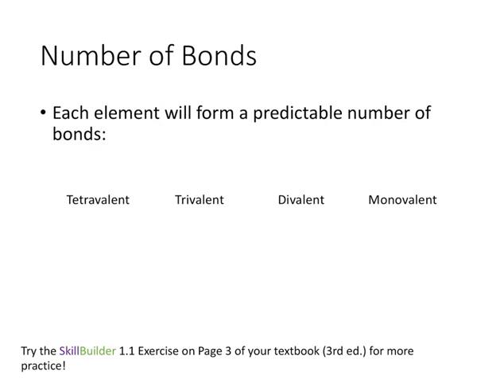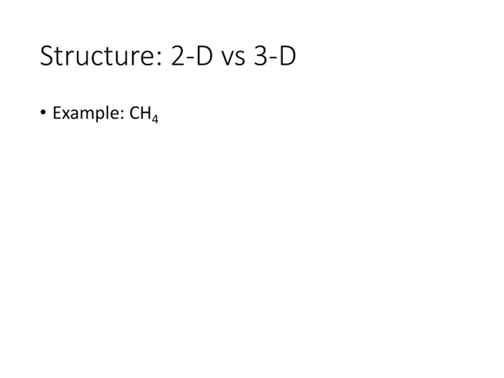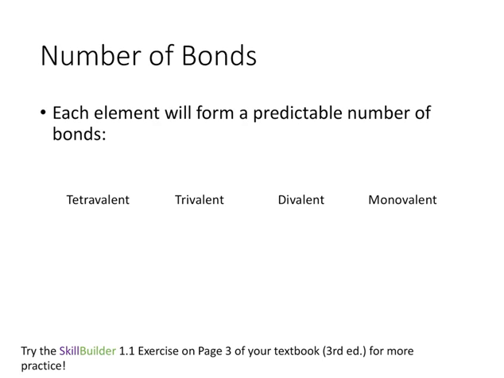Okay, so let's tie this into Lewis structures, which we talked about in the last video. Again, if you're trying to draw a Lewis structure for a molecule like the one on the last page, keep in mind that different elements can make different numbers of bonds.